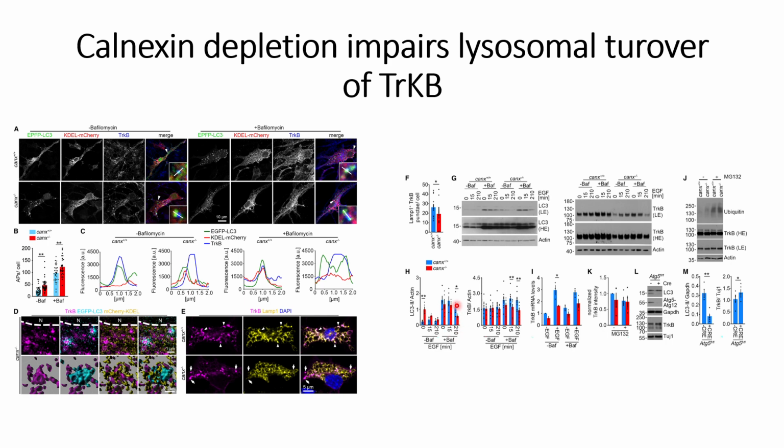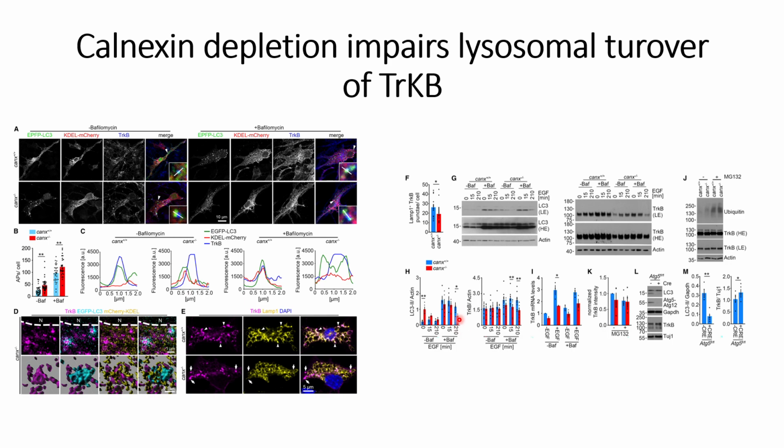But at 4 hours, the difference in LC3 between the Calnexin positive cells and Calnexin depleted cells is significant. This could be because in the wild type cells the lysosome functioning is already healthier, whereas in the Calnexin depleted cells lysosome functioning is already impaired.